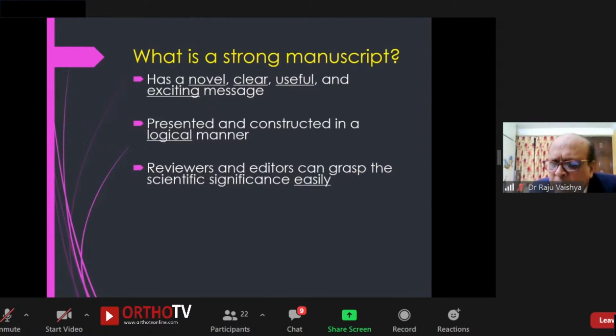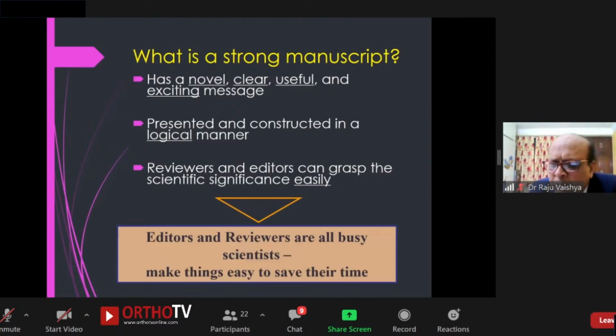The reviewers and editors should be able to grasp the scientific significance of your research easily, because reviewers and editors are all busy people and they have to understand the concept and the contents of your research quickly to make an early decision.